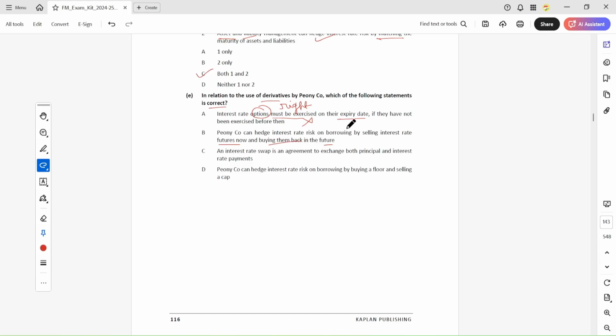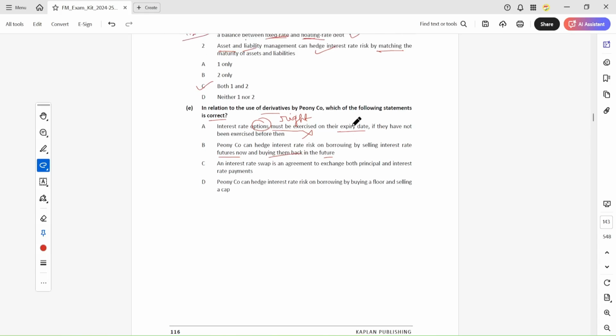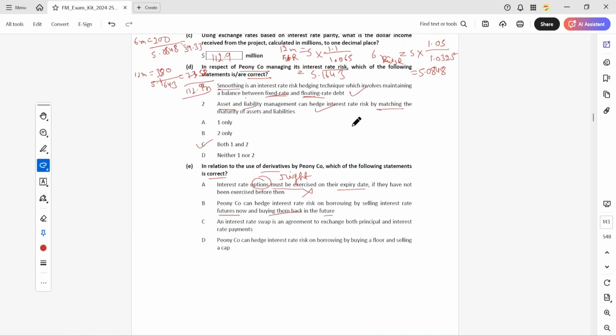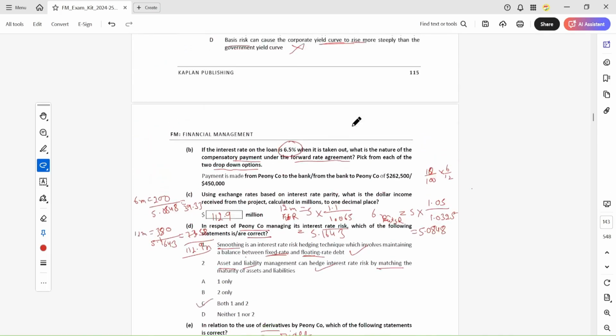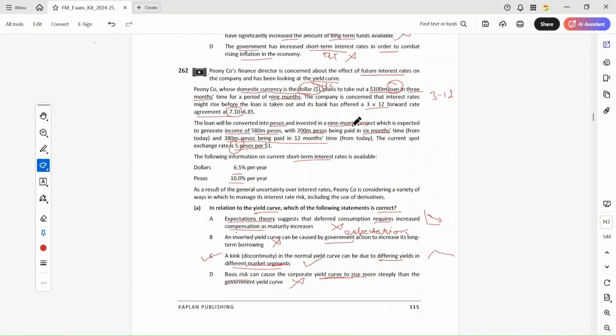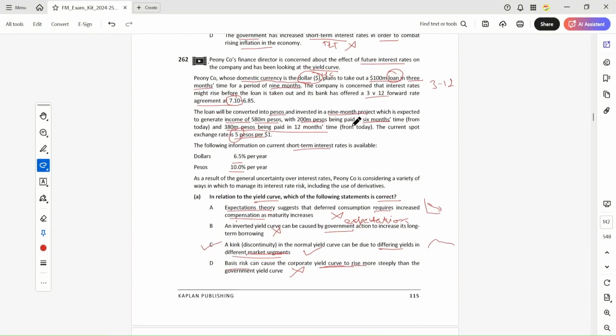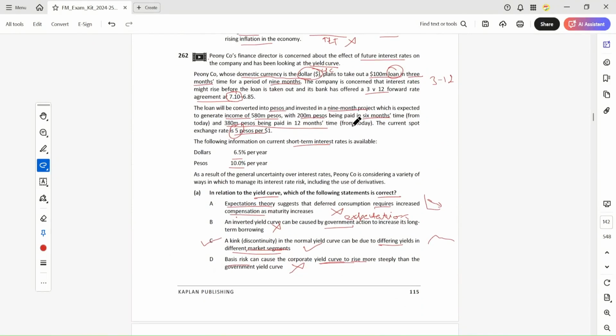Selling futures, because right now they have the loan.